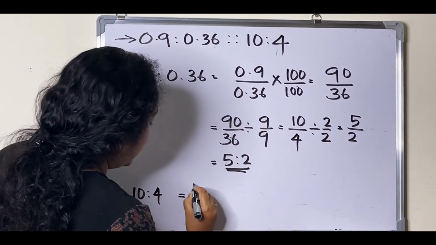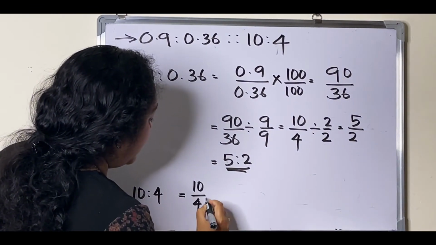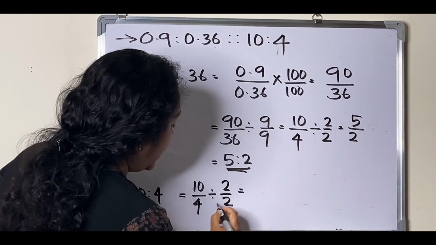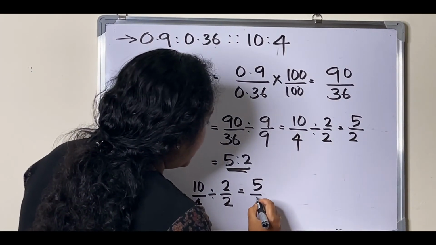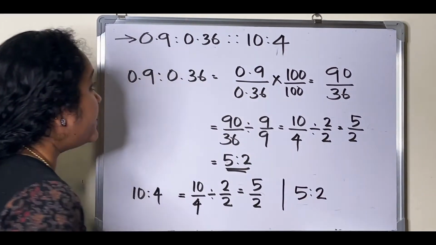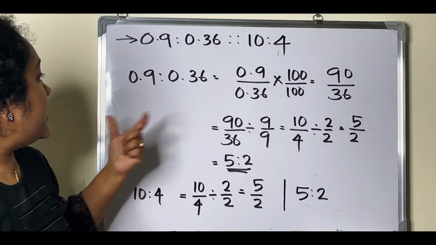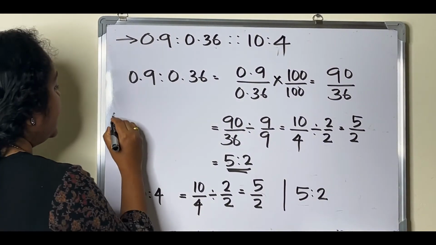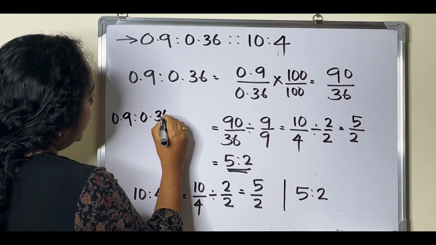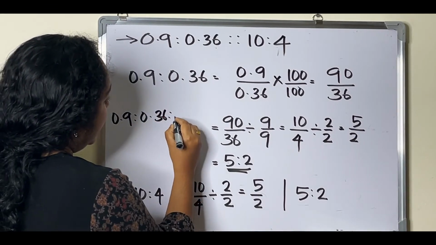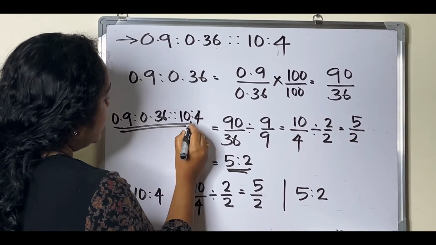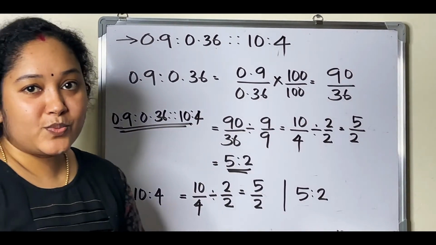It can be written as 10 by 4 and divided by both 2. We get 5 by 2. The ratio is 5:2. So 0.9 is to 0.36 in proportion to 10:4. This statement is true.